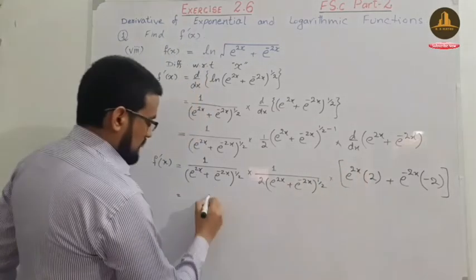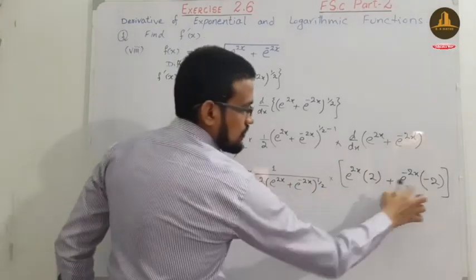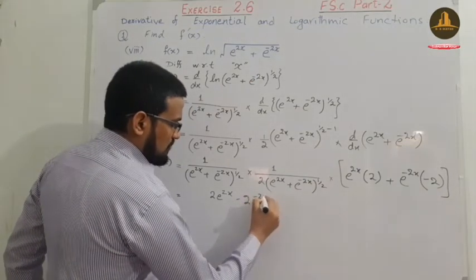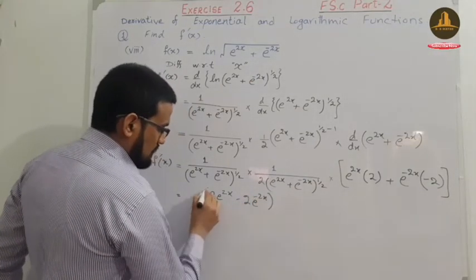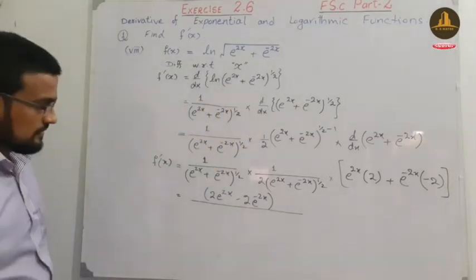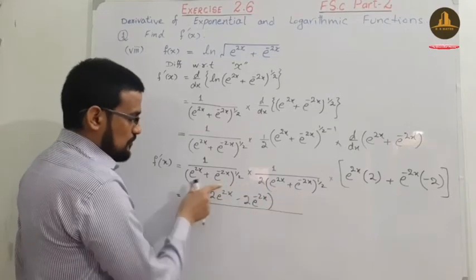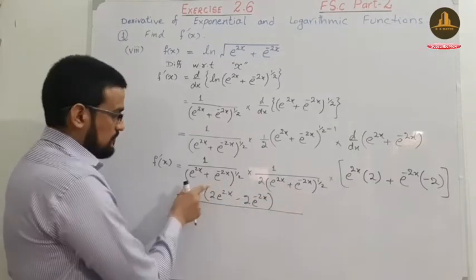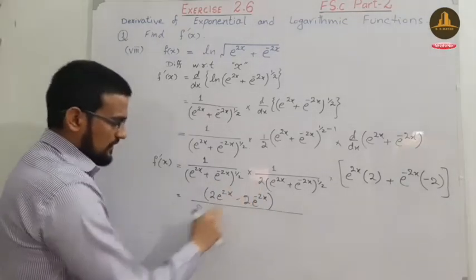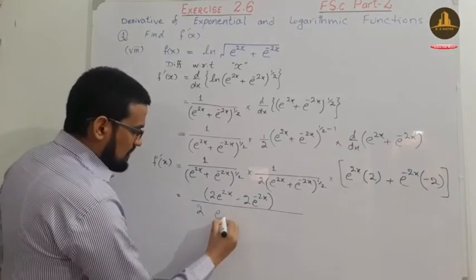2 e raised to power 2x minus 2 e raised to power minus 2x, and then whole divided by this power and this, both terms are the same and multiply with each other. So 2, this one, and power 1 by 2, 1 by 2 add with each other.